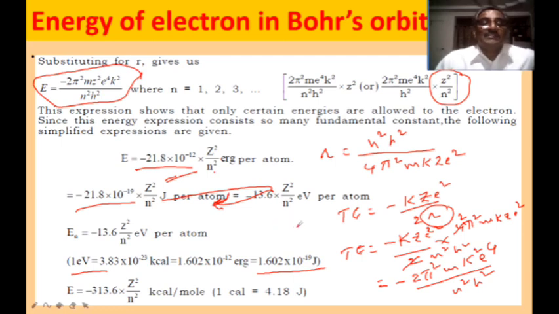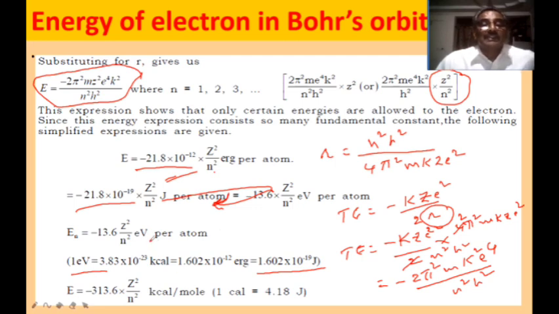If this value is converted into electron volts, its value will be minus 13.6 into Z square by N square electron volts. This value can be converted into kilocalories per mole. This is the electron volts per atom. If you want to get the energy per mole, you need to multiply with Avogadro's number.